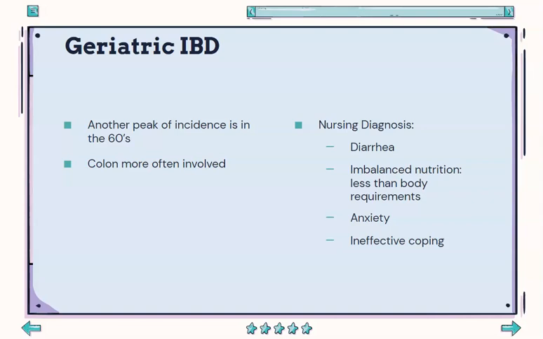Remember, the geriatric population, we've got less physiologic reserves. So we are less able to compensate for excessive diarrhea, and will need to be on high alert for fluid and electrolyte replacement. And then if it is an ulcerative colitis and they've got a hemorrhaging component, then we're looking at a decreased ability for oxygen transport and perfusion.